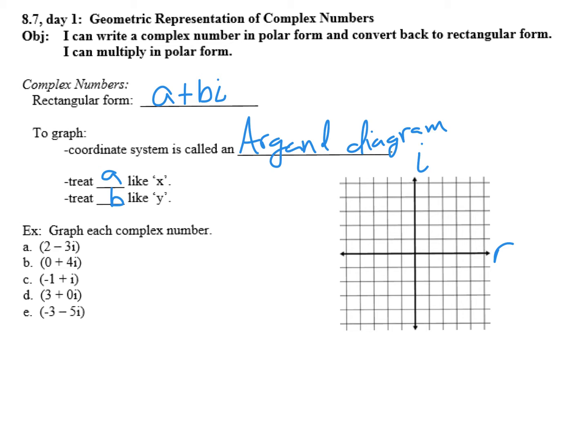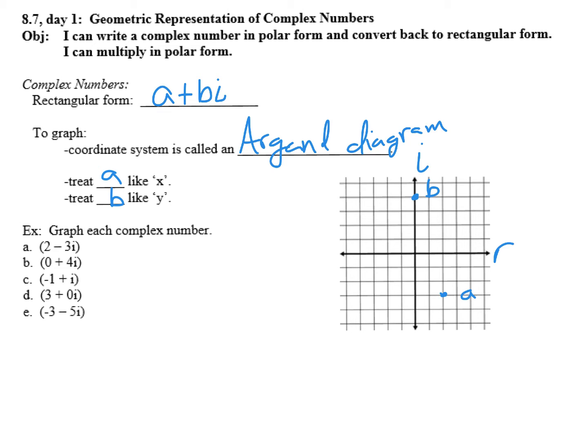Treat it that way. So now I'm going to go graph these numbers down below, like 2 minus 3i. For the real component, I go over 2. And then I go down 3. And that's where I would find that complex number. 0 plus 4i would be right there.